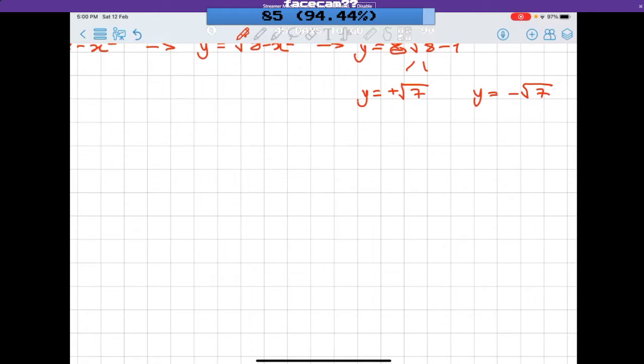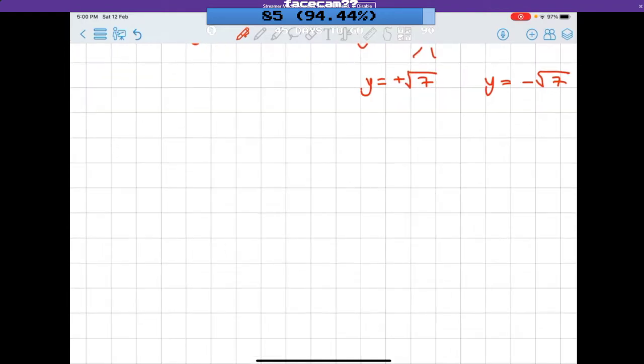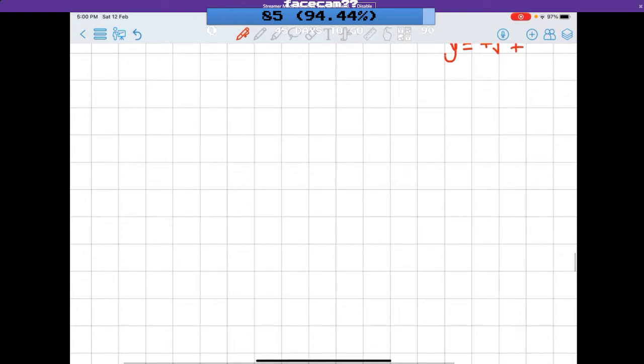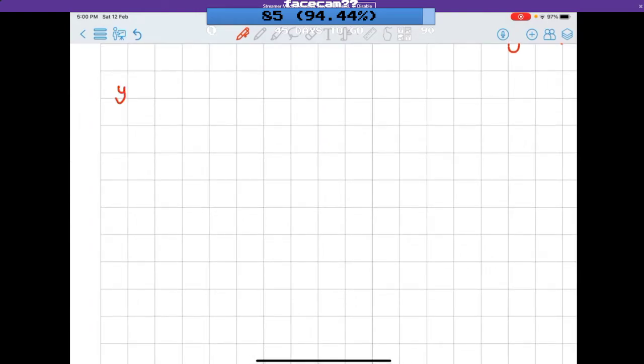let me take a look at this. Another example would be if you had y minus 4x squared equals 36. So first off, isolate y. So we take 4x squared to the other side, which gives us 4x squared plus 36.